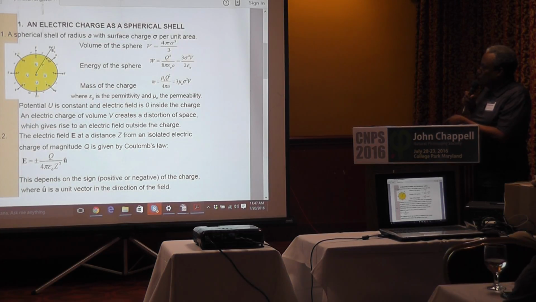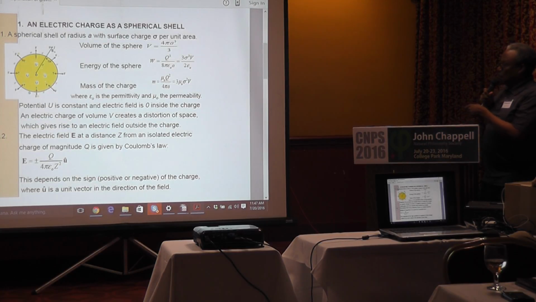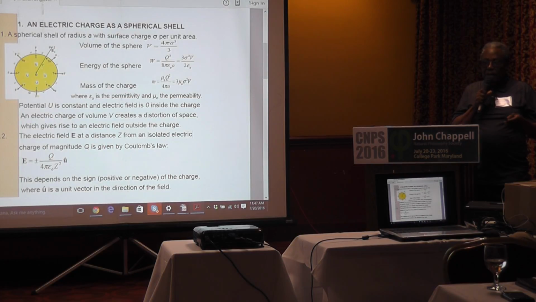According to this formula, the mass of an electric charge in the form of a spherical shell is proportional to the square of the charge, just like its energy, because there's a linear relationship between mass and energy.